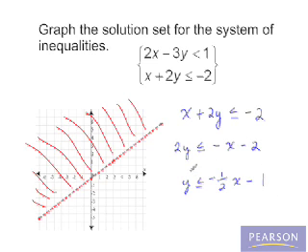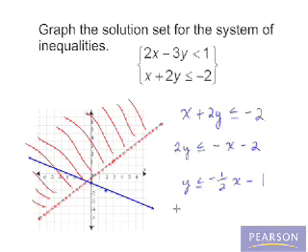So here's our second inequality solved for y. It has a y-intercept of negative 1, and this slope says to go down 1 unit to the right 2 units. Since it's a less than or equal to situation, we want to draw a solid line through our 2 points.